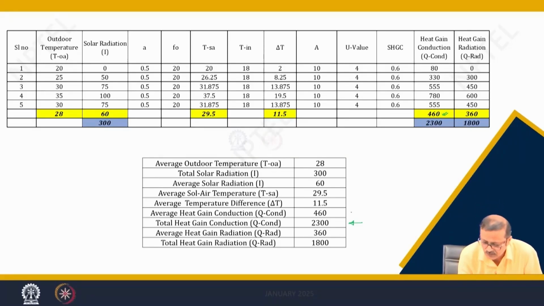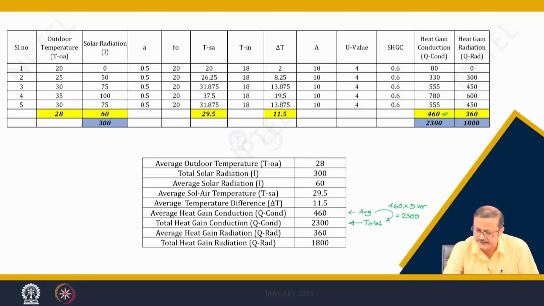So, this is the average, and this is the total. How did I get the total from the average? This 460 multiplied by 5 hours gives me 2300.